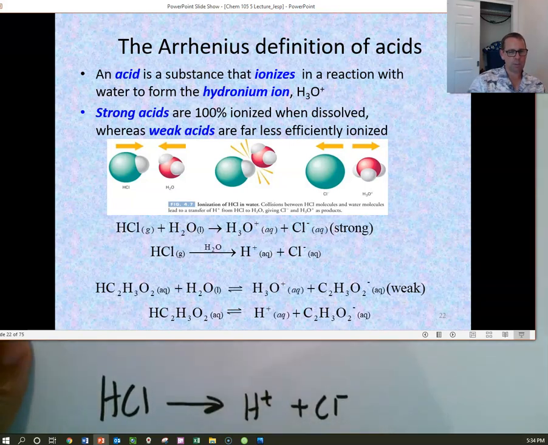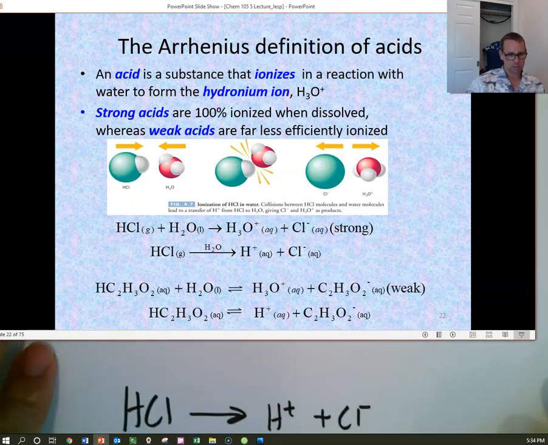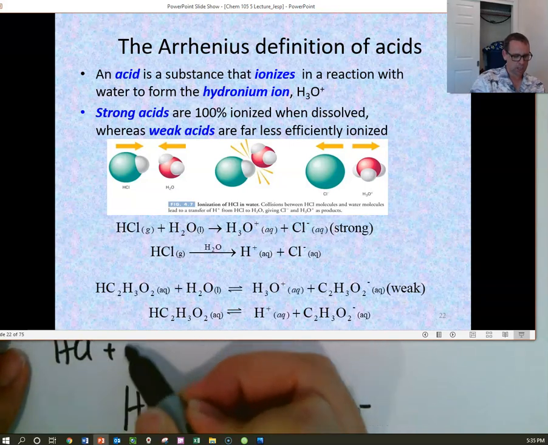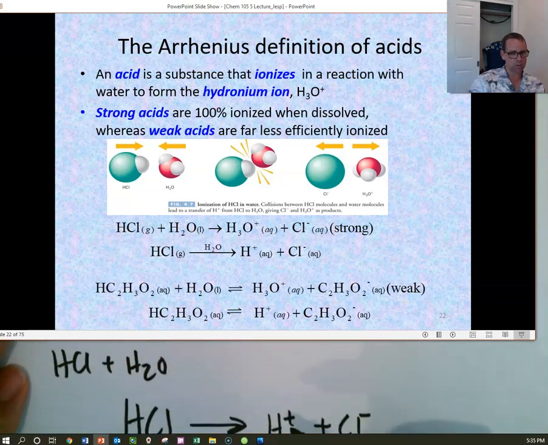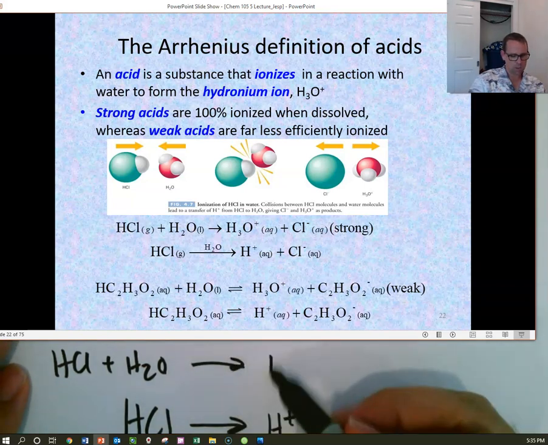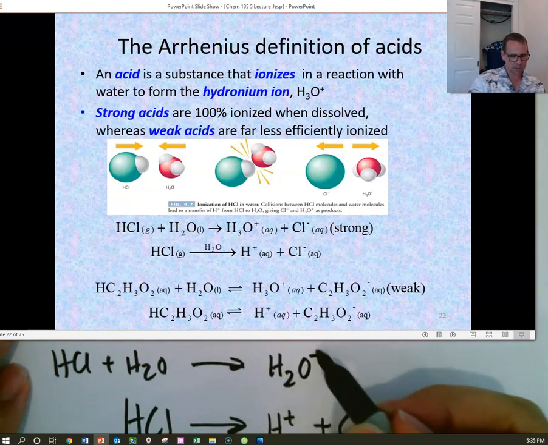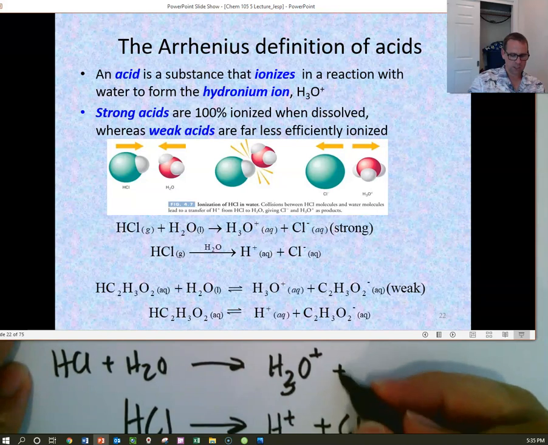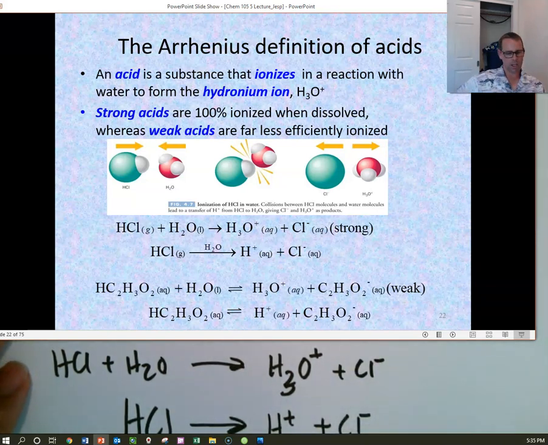To write this, I am personally not a fan, but people like to write it like this, where they say HCl interacts with a water molecule. And then that water molecule picks up a hydrogen from the HCl and forms H3O plus and leaves behind the chloride ion.